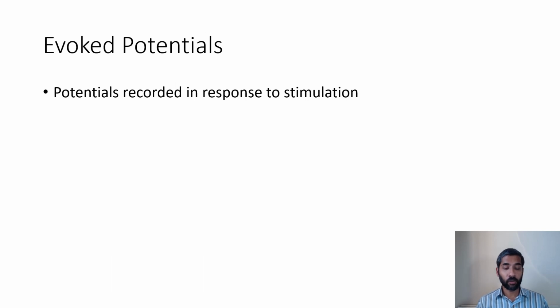So you give a stimulation and you record the response of the brain immediately after the stimulation. That's what evoked potentials are, and they help us to see different neural circuits and detect problems in different neural circuits, as we'll see as we go on.